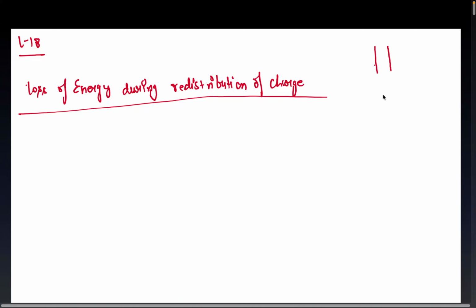Any idea? One thing we can do is bring a positively charged plate and put it in front of the uncharged plate. Induction will happen, and this plate will get induced with negative charge, so some capacitance will be formed. Another way is to just keep it like this and connect a battery.